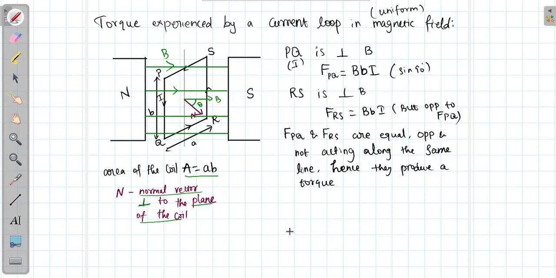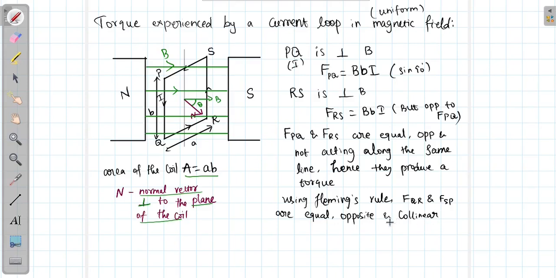Using Fleming's rule, you don't need to go for the mathematical expression, you just tell it in your words. Using Fleming's rule, the forces FQR and FSP are equal, opposite, and collinear.